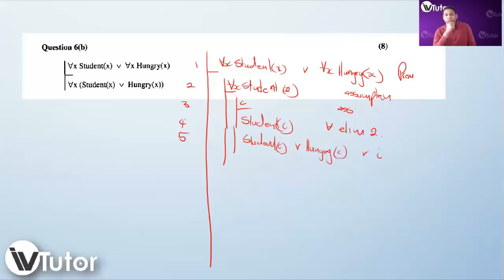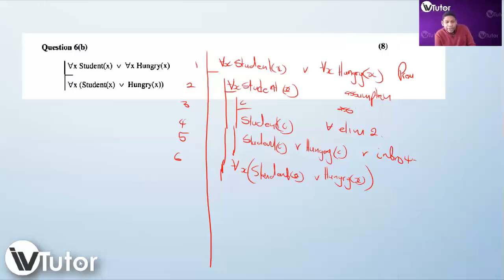So that's OR introduction on number 4. And then number 6 is going to be, out of this, we say ∀x student(x) or hungry(x). Like that. So this is the first side of the disjunction.